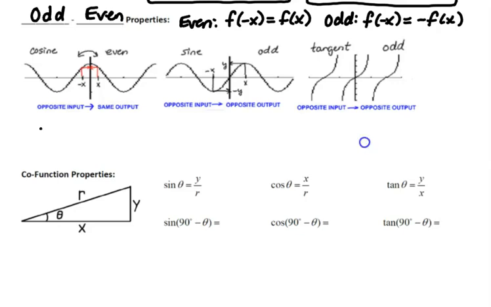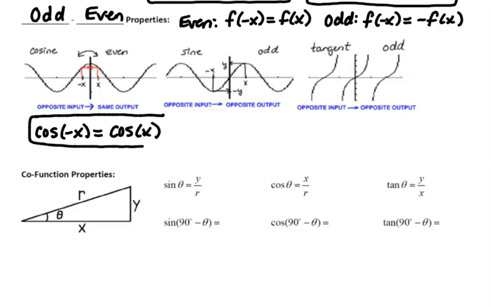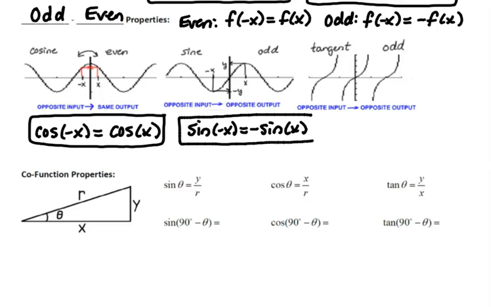So we can say that cosine of negative x equals cosine of x because cosine is an even function. We can say sine of negative x is equal to negative sine of x because sine is an odd function.